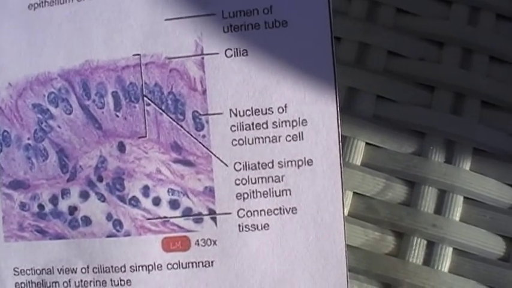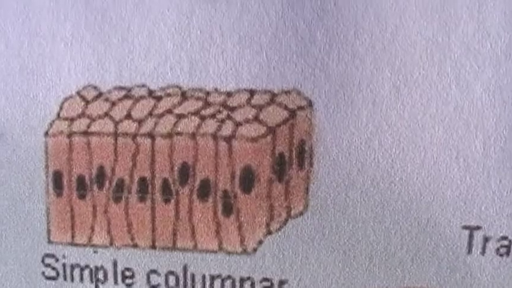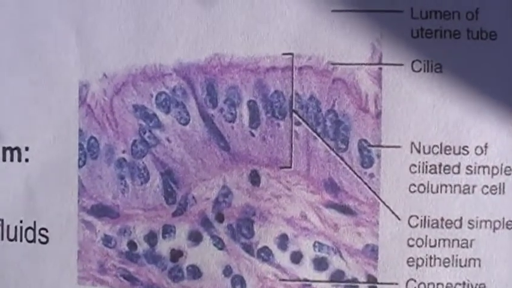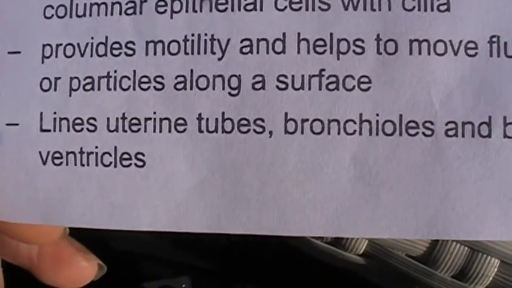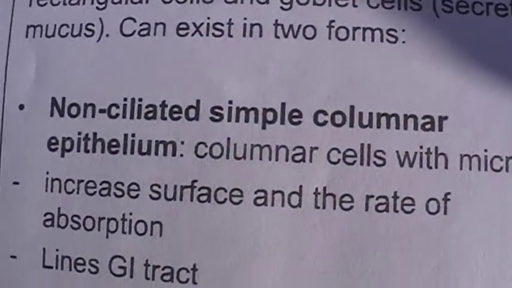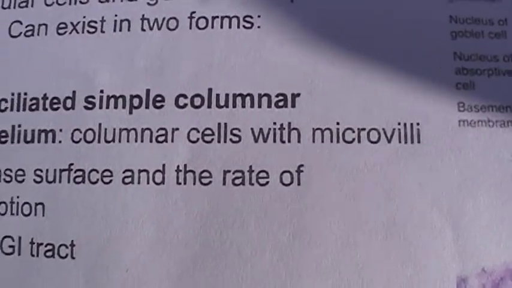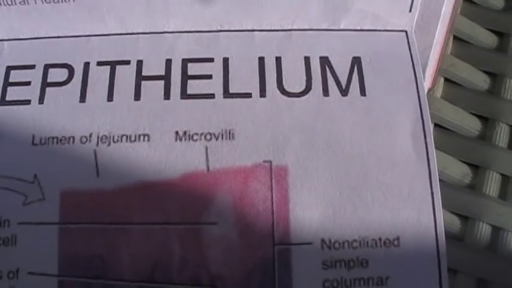Where is it? If this is in the GI tract and it's simple, and this one is also simple but moves fluids along, what is it? It lines the uterine tubes, bronchioles and brain ventricles. So that's interesting: non-ciliated simple columnar have microvilli but don't have cilia, and the microvilli are enough for the GI tract for absorption.